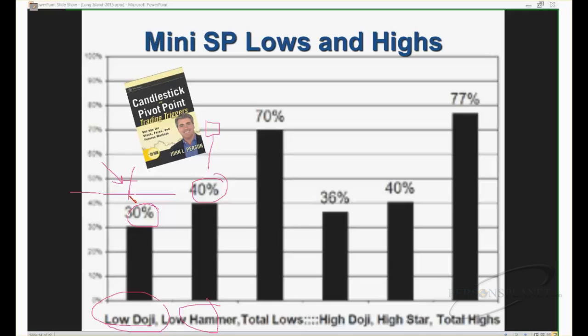The doji just maybe told us that it was near the low of the move, especially if it was near the pivot. So if the market had traded low and then formed a doji, you would wait for within the next few time periods if the market closed above the high of the doji, and that gave us a signal to trigger an entry in a long position.